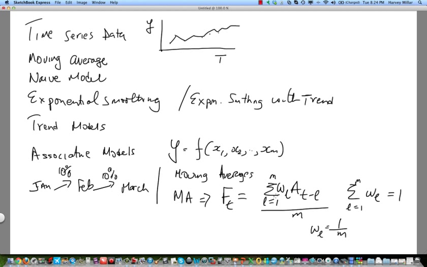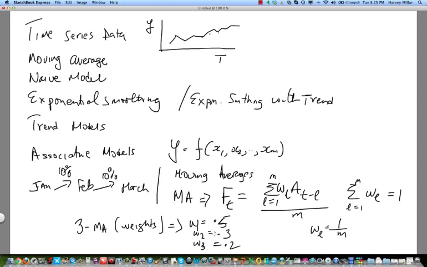However, this model allows you to have weights that are not necessarily equal. So for example, in a 3-period moving average where we have weights involved, our weights can be W1, the first weight, could be something like 0.5, and then W2 could be 0.3, and W3 could be 0.2.